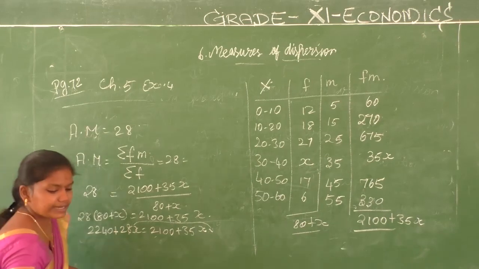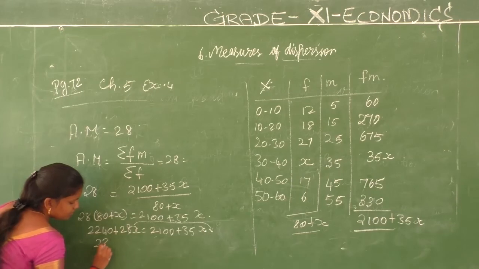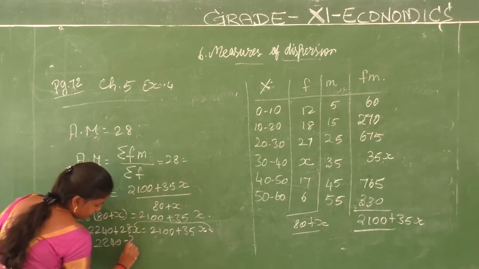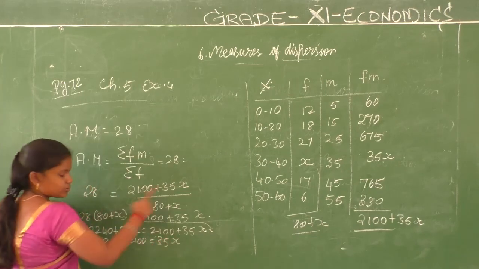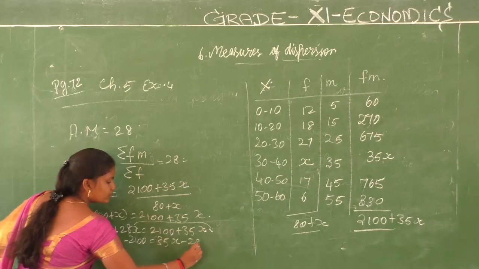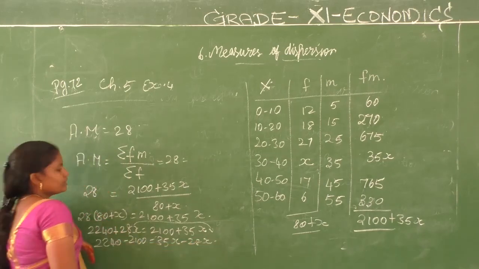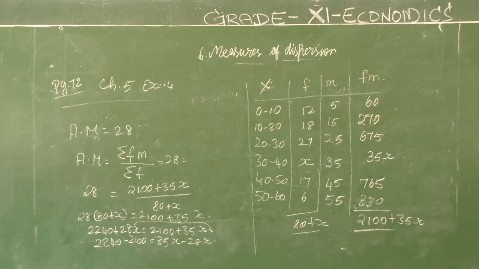For your understanding, we will bring 2100 here. 2240 minus 2100 is equal to 35x, this 28 comes there, minus 28x. So what do you get? Shall I calculate? Can you see the board till the bottom? Okay, I'll calculate.